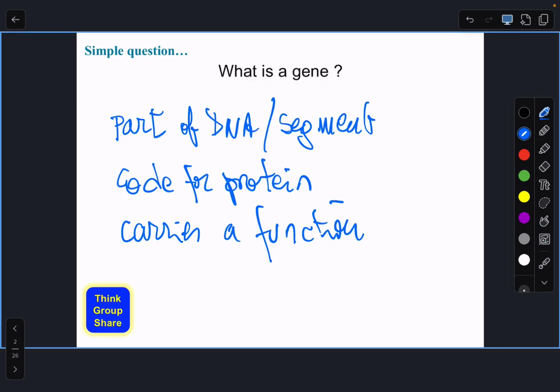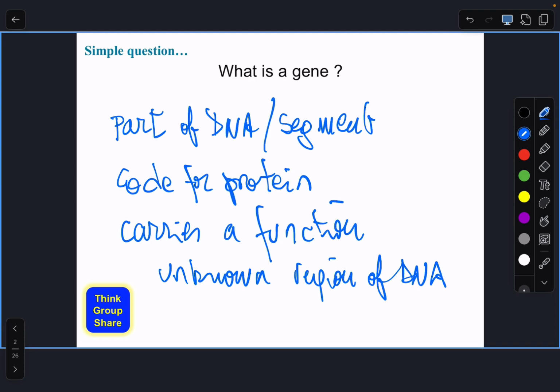Or I just want to make sure. It might have function that we have not yet understood. I like that. So, an unknown region of DNA. Okay, something along those lines. Anything else?